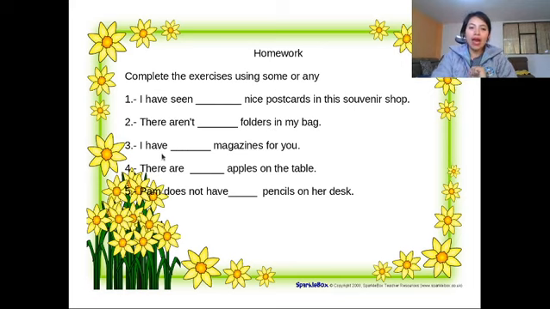Number 3, I have, positive, magazines for you. Revistas, right? Magazines. Number 4, and there are apples on the table. Positive sentence. And number 5, the last one. Pam or Pamela does not have pencils on her desk, right?